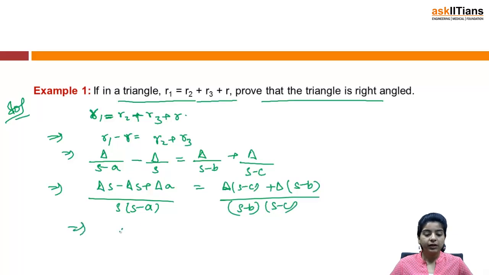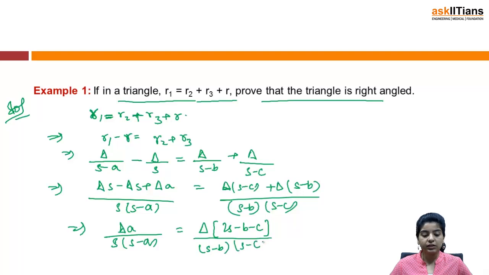So this gives me delta a by s(s minus a) is delta of (2s minus b minus c) by (s minus b)(s minus c). Delta gets cancelled on both sides, and we have (s minus b)(s minus c) is equal to s(s minus a). In fact, if you compute this also, 2s minus b minus c comes out to be a. So delta a gets cancelled on both sides, and we are left with this.